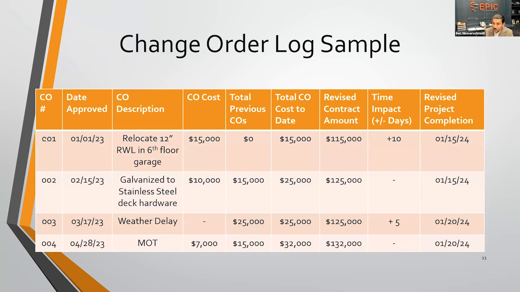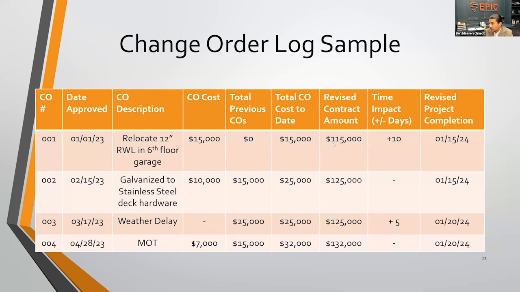So you'll have your change order with whatever number it may be, and the approval date, which would be associated to the client's approval date. Generally, what are we talking about? To relocate a 12-inch rainwater leader from the 6th floor parking garage, the proposed cost, and the previous change order amount. You see it's 0 because we haven't had anything before, the total, and the revised contract value.